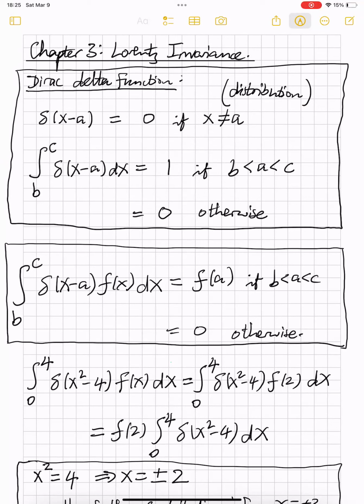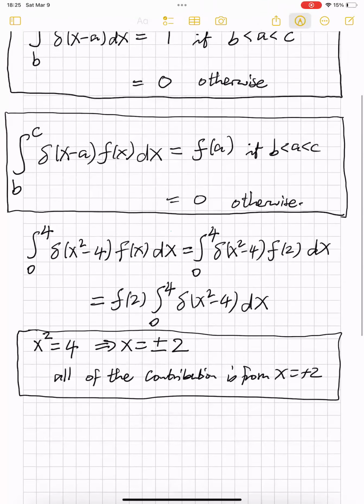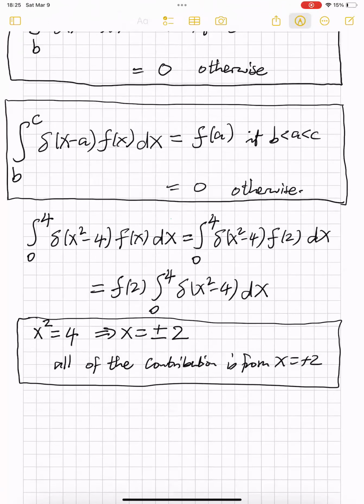And the way to see that is, in the definition of the delta function, we've got delta of x minus a, so the variable inside the delta function is x, and we're integrating dx. In the integral that we want to do now, the variable inside the delta function is x squared, and we're integrating dx.